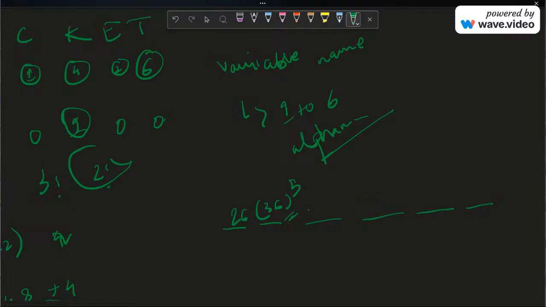The number of valid variable names of three characters is equal to 26 into 36 into 36. The total number of valid variable names of 1 to 6 characters is 26 plus 26 into 36 plus 26 into 36 square. So I don't understand this question.